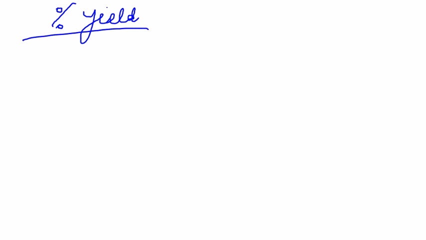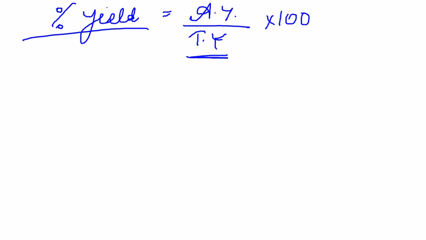So if you were to define percent yield, you can say that percent yield is equal to the actual yield or experimental yield that you get in a reaction divided by the theoretical yield times 100. Like I said, theoretical yield is the maximum, the 100% that is possible, but in reality that is not true. So please realize that your percent yield can never be more than 100%. If it is, that means you created matter, and that is not possible within the rules of science.